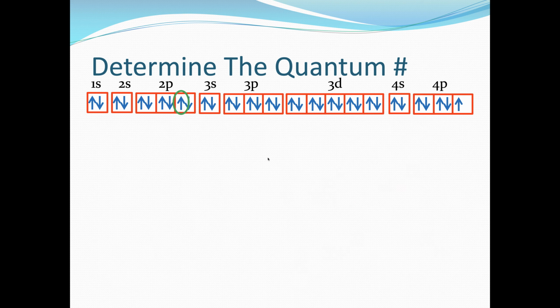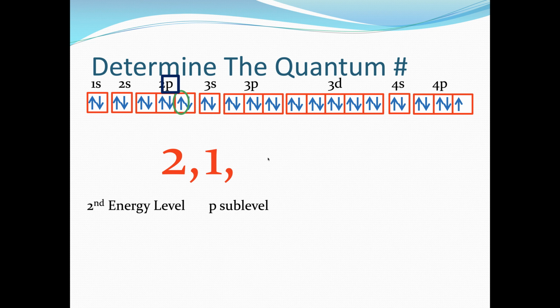Here's how it works. Determine the quantum number of this electron. Well, first of all, it's in the second energy level. Therefore, the first quantum number is 2. It's in the p sublevel. Now remember, S is 0, so p is 1. It's not the center orbital, it's the orbital 1 to the right of center.